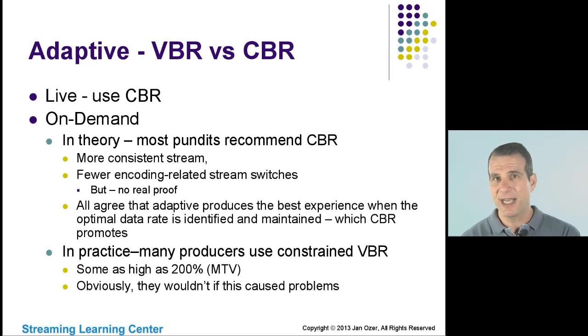So obviously they wouldn't do that if that caused lots of problems, but basically every expert you talk to, every white paper that you read says use CBR, because what you want to do with adaptive streaming is get to a single bit rate and maintain that bit rate for as long as you can during the life of the stream, because stream switches can interrupt audio, they can interrupt video. You really want to find the best bit rate and then stream that way. If you do variable bit rate encoding, in theory, you can introduce these encoding-related stream switches. MTV says they don't exist. Other producers feel the same way, but pretty much every white paper that you read says use CBR.